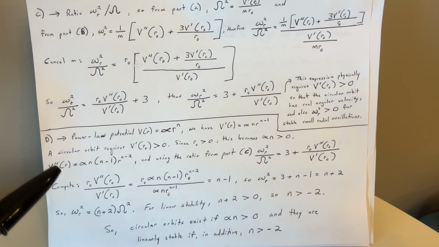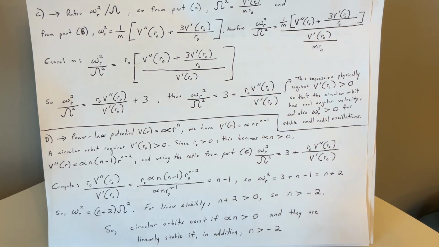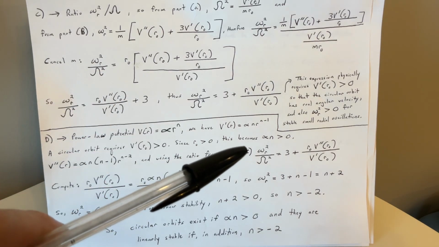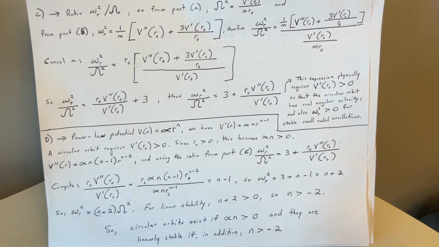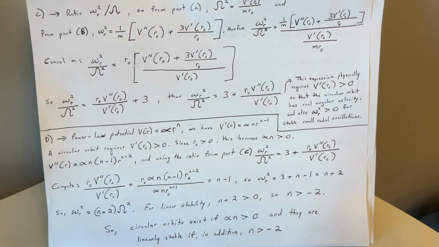Second derivative here, V double prime of r equals alpha n times the quantity n minus 1, r to the n minus 2. And using the ratio now from part C, lowercase omega sub r squared over capital omega squared, that's going to equal 3 plus r naught V double prime of r naught divided by V prime of r naught.